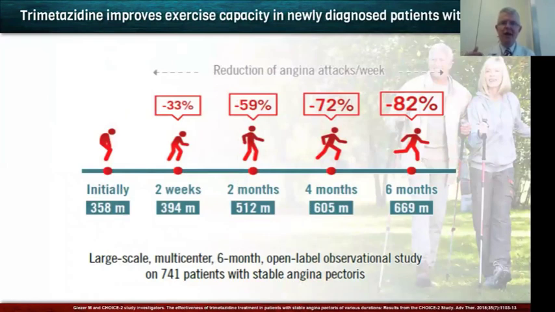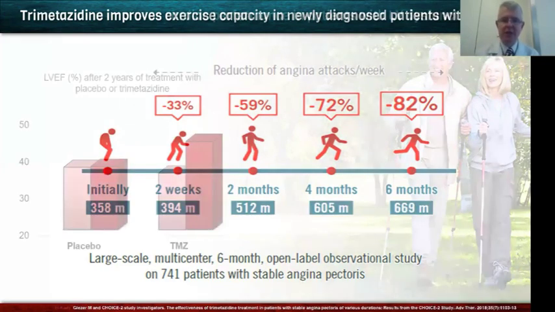And when you look at the exercise capacity in those patients, when you add trimetazidine, again, the patients who initially were unable to exercise, in 2 weeks' time, they are increasing the length of exercise, up to 6 months, for instance. So look at the figures. They are almost doubling their exercise capacity in 6 months, from baseline to 6-month therapy time after you add trimetazidine.